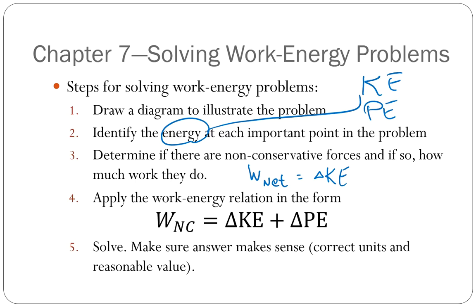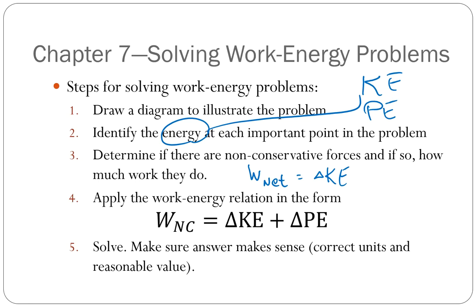So the net work is the change in kinetic energy. But the net work we can break up into two pieces: the conservative work, the work done by, at this point, gravity and springs, and the non-conservative work done by things like friction and motors and humans. And we define a potential energy only for the conservative work.